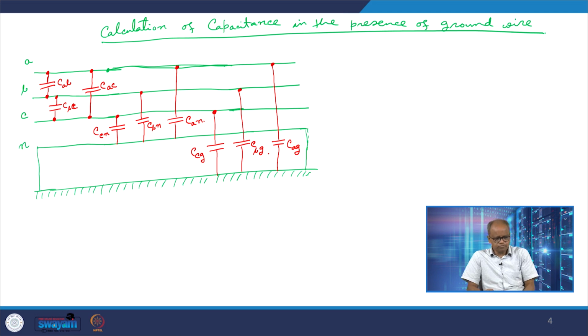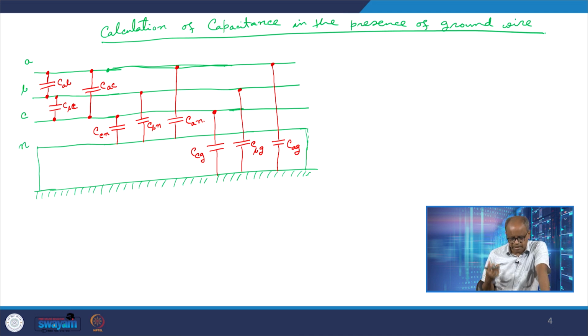As this neutral conductor N is grounded, CCN and CCG are actually in parallel, so the net capacitance to ground will increase. Similarly, the capacitance to ground would be the sum total of CBN and CBG, so that will also increase, and likewise the capacitance to ground would be equal to the sum total of CAN and CAG, which will also increase. These we can understand from our basic intuition.